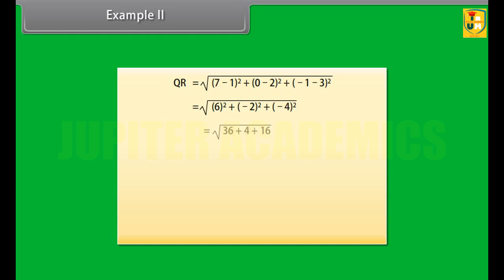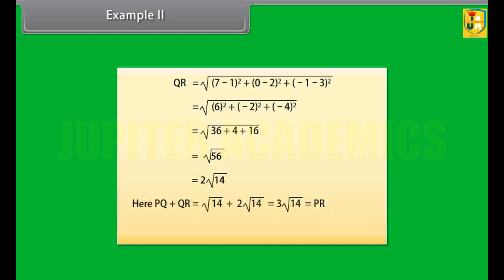After calculating QR, we get 2 into the square root of 14. Here, PQ plus QR is equal to the square root of 14 plus 2 into the square root of 14, which is equal to 3 into the square root of 14, which is equal to PR.